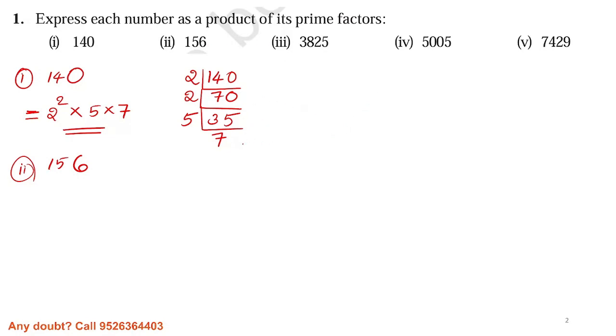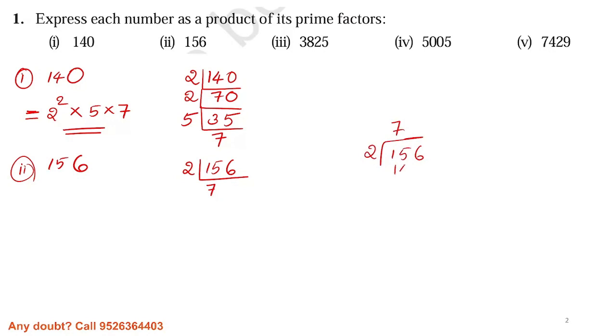156. 156 is to be divided by which number? 156 is divided by 2. Is it correct? 2 is a prime number. If you are unable to write here, you may do some rough calculation somewhere. 156 by 2.